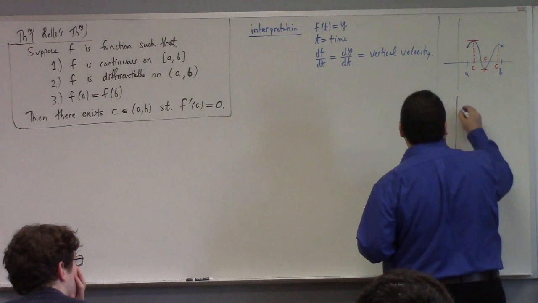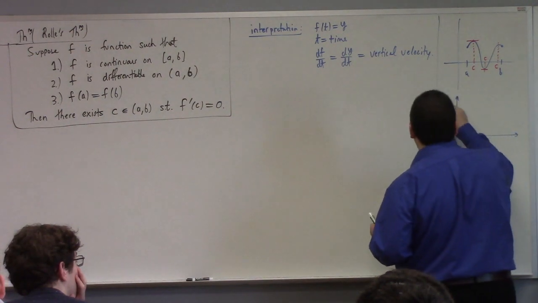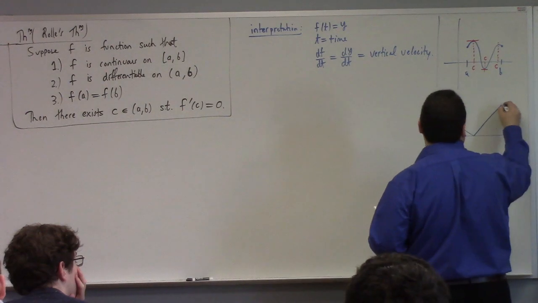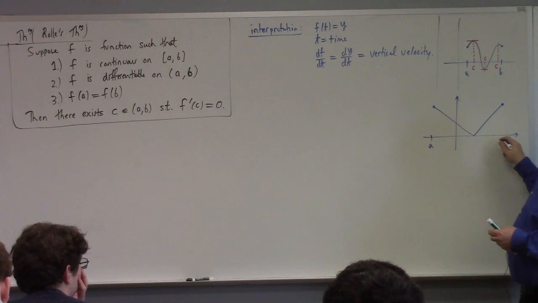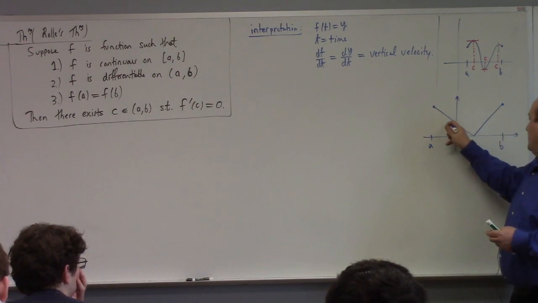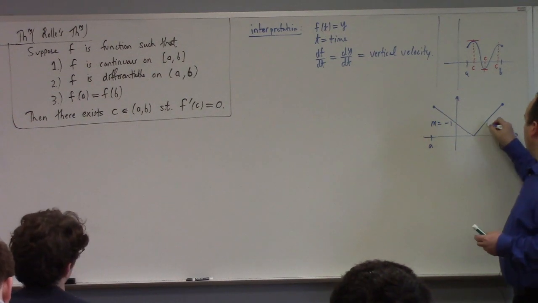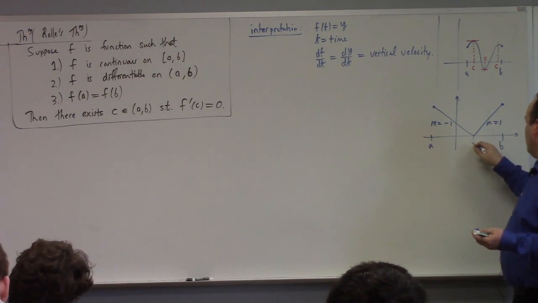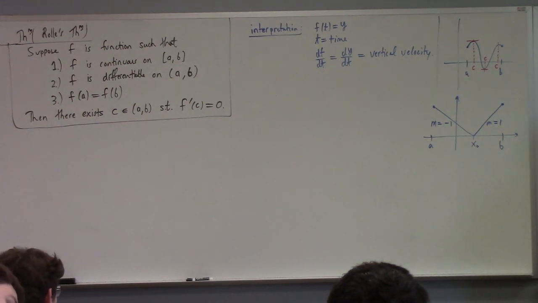What's an example of a function which is continuous but not differentiable? How about absolute value? If I started here and ended back there, and this has slope -1, and this has slope 1, and suppose that point is x0, is there any point with zero slope?